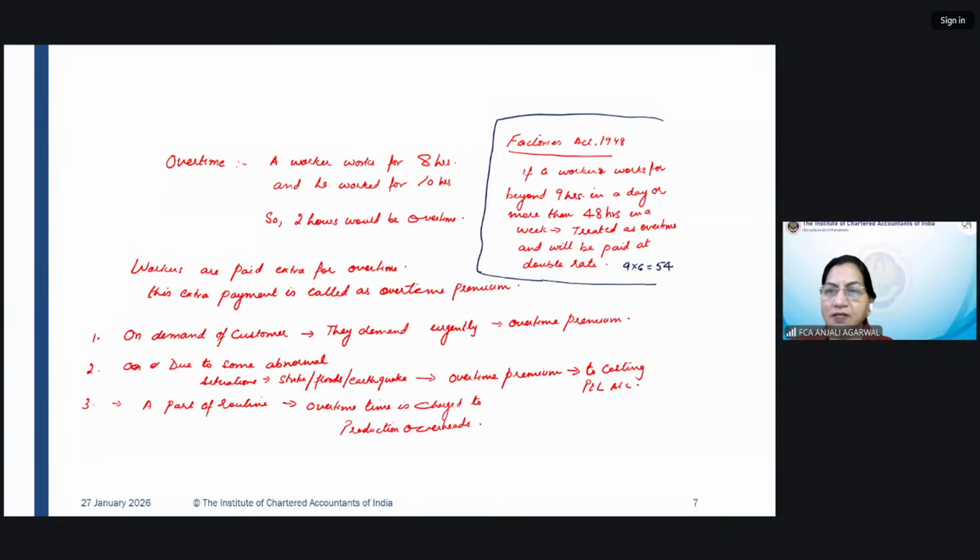So it becomes 6 hours of overtime. And so if the normal rate of wages is 100 rupees, like we discussed in the previous example, he will be paid at 200 rupees per hour on this extra 6 hours. So this is as per the Factories Act. Generally in the question it will be given.